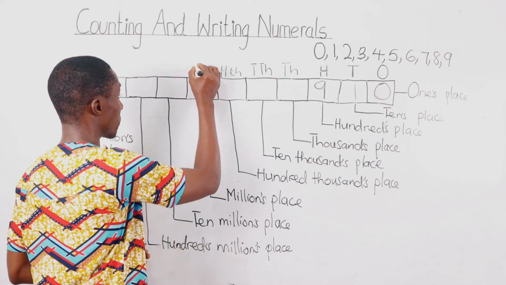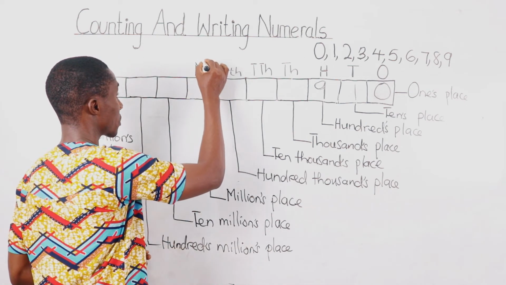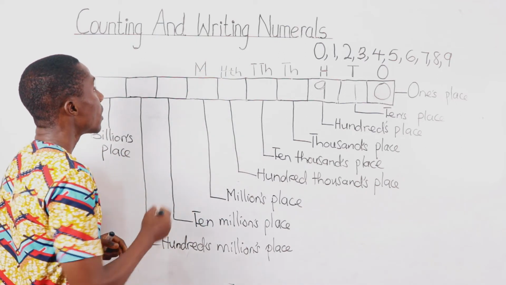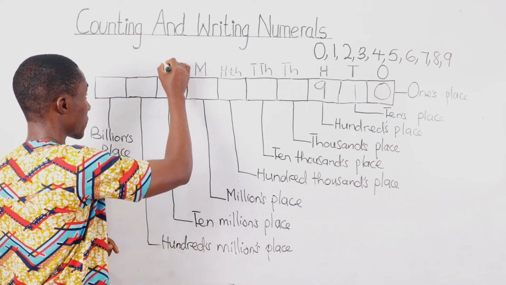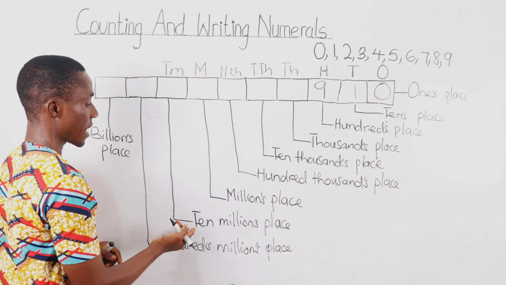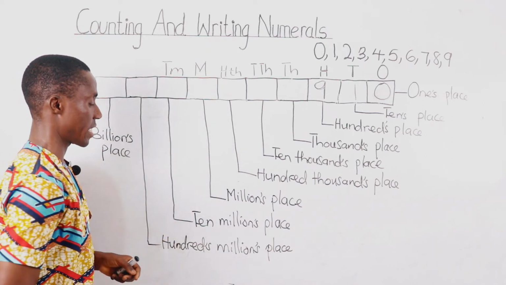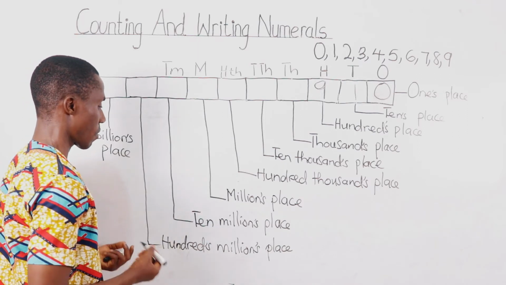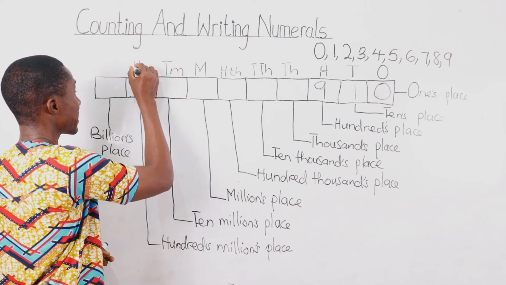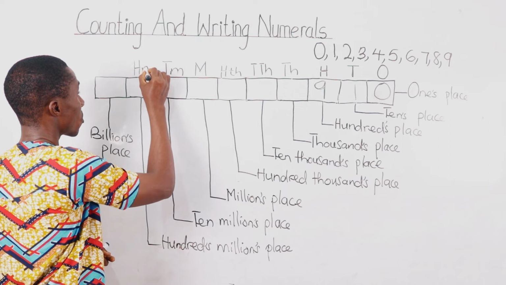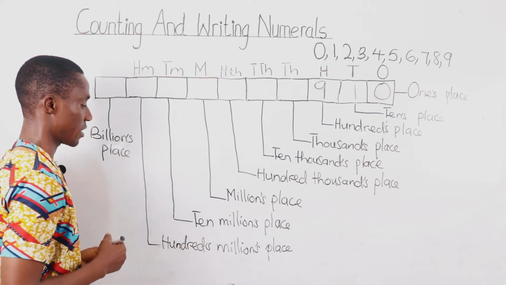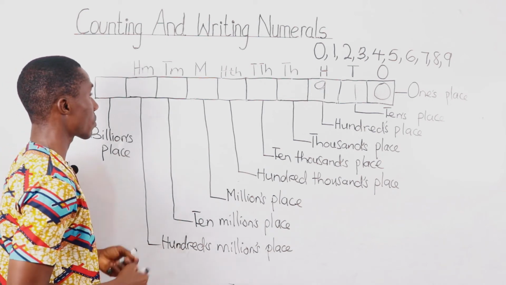And the next number place, we write capital M, which stands for millions number place. And the next one is capital T and a small m, which stands for 10 millions number place or the 10 millions place. And the next number place, we write capital H, small m, which stands for 100 millions number place or 100 millions place.